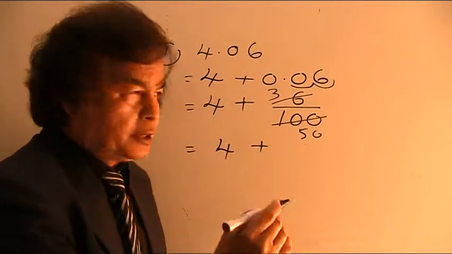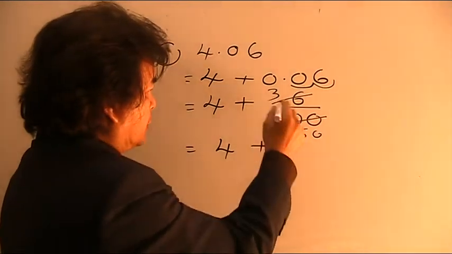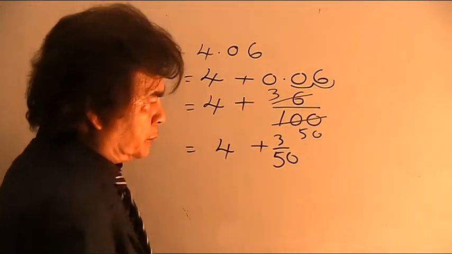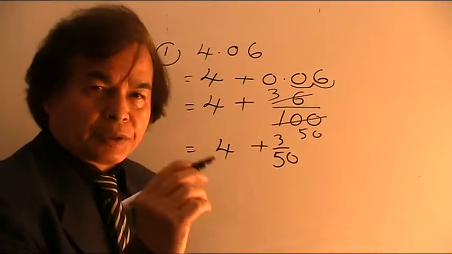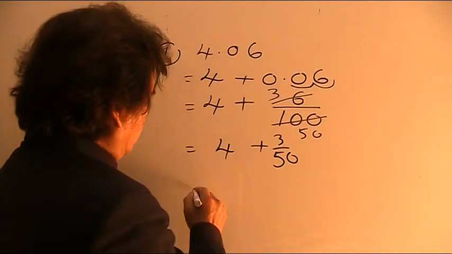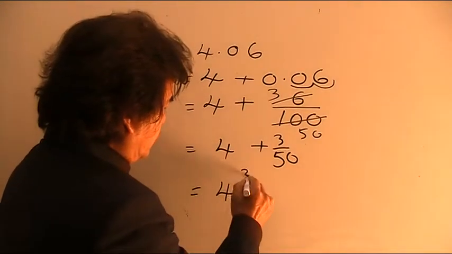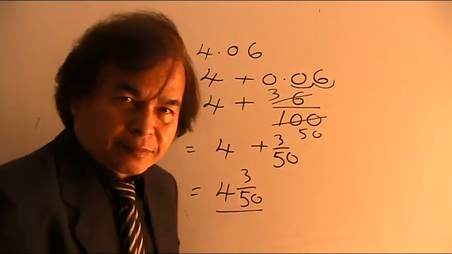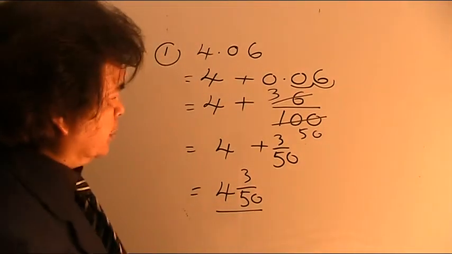So the answer is 4 plus 3 over 50. What is 4 plus 3 over 50? This is equal to 4 3/50. You got it? Right.